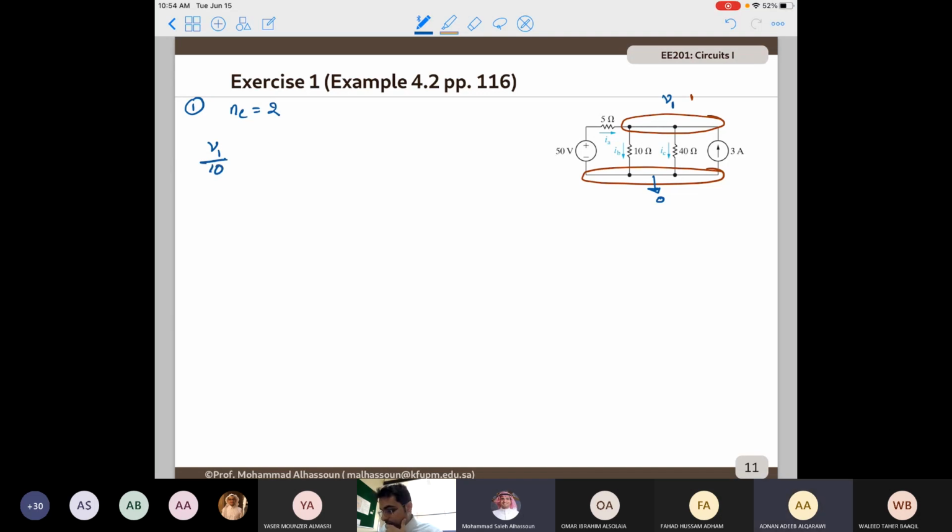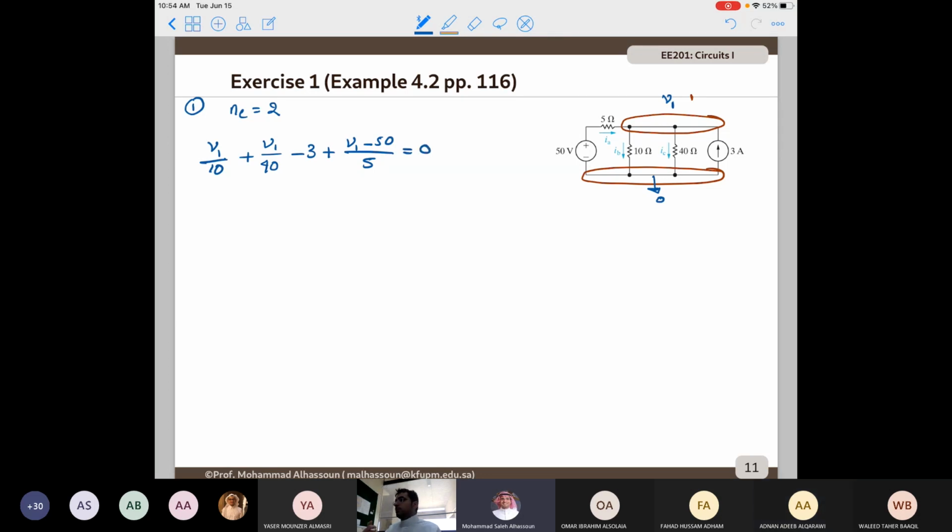And V1 over 40, and we have minus 3. And the last one is V1 minus 50 over 5. And this should be equal to 0.